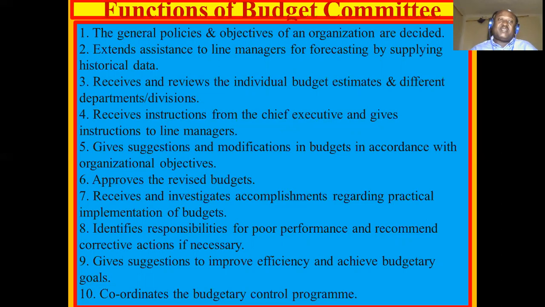Number three, the budget committee receives and reviews the individual budget estimates of different departments and divisions. Number four, the budget committee also receives instructions from the chief executive and gives instructions to line managers. The chief executive, who is the boss of the organization, or the manager of the organization, will always give some instructions.